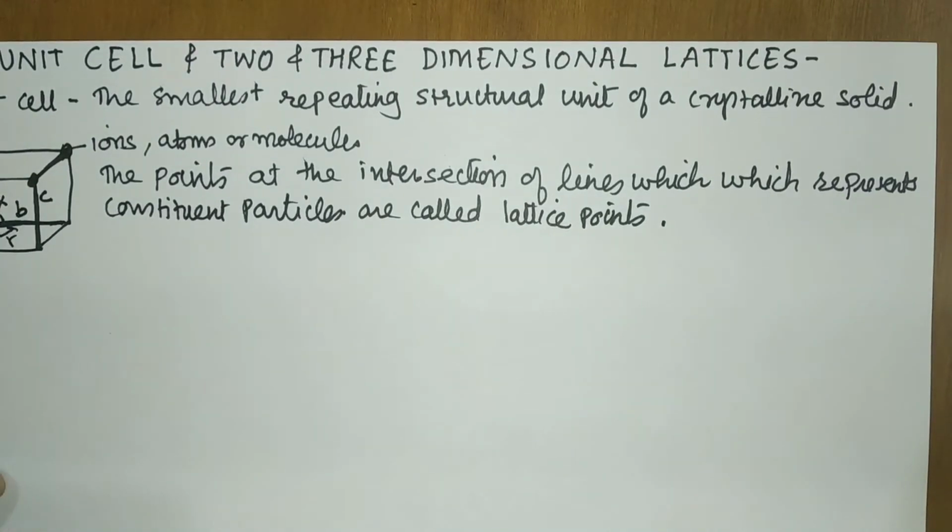These lattice points are arranged in a definite repeating pattern, and any one lattice point is identical to the other lattice points.